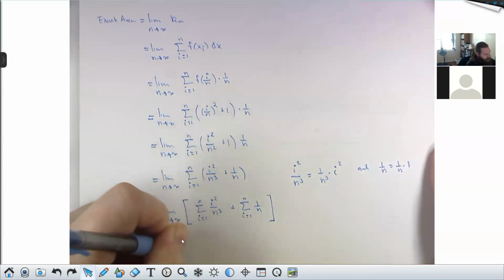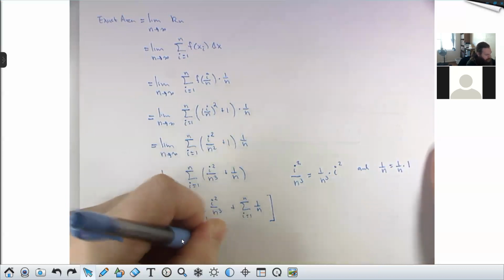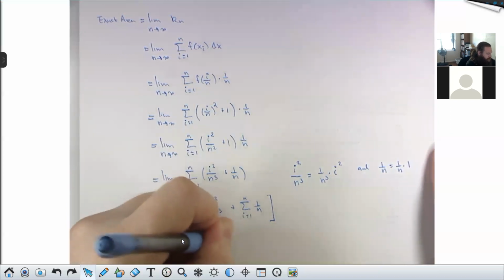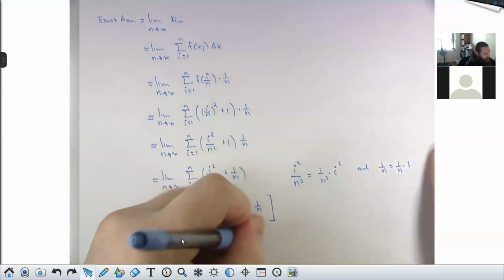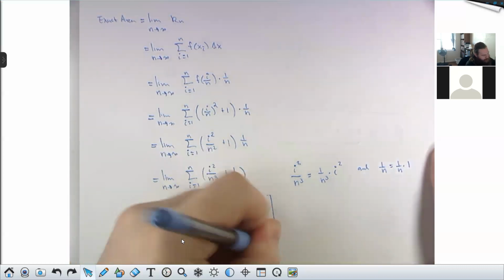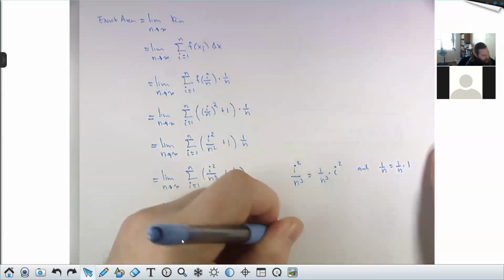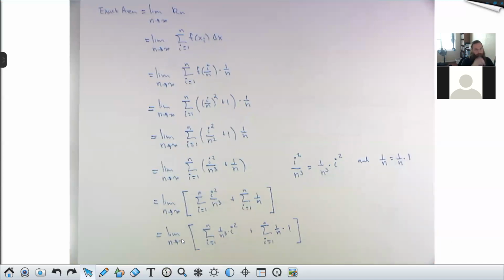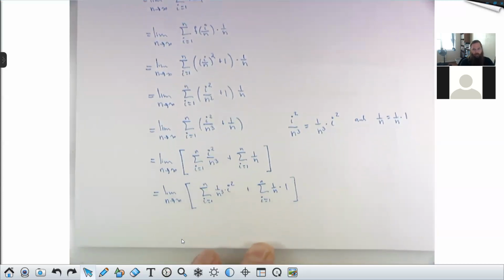Limit as n goes to infinity, bracket, sigma i from 1 to n, 1 over n cubed times i squared, plus sigma i from 1 to n, 1 over n times 1. Why on earth is this useful? Well, remember what I said earlier about pulling constants out of sums?